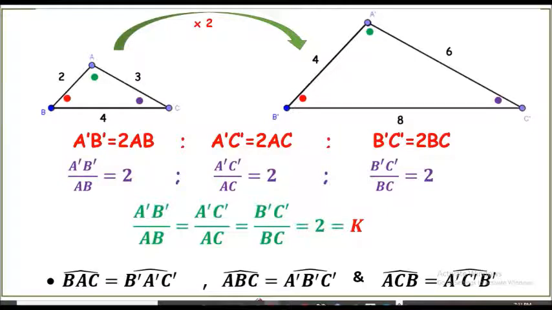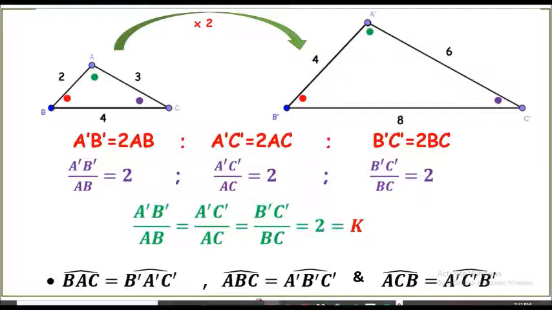So here we get A'B' over AB is equal to A'C' over AC, and B'C' over BC, which is equal to 2. I will call it K. This K represents for us the ratio of similarity.